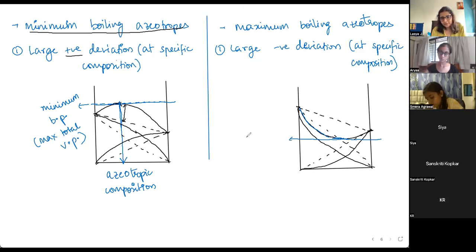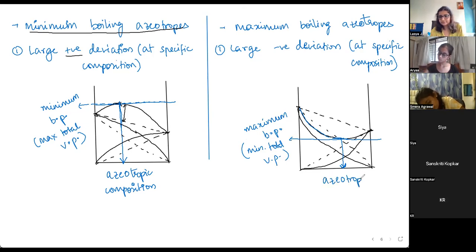So here is the minimum total vapor pressure. So at this point, the boiling point is going to be maximum. So this composition is the azeotropic composition. Because the boiling point is maximum, you'll find the highest boiling point for this particular mixture at this composition. That's a maximum boiling azeotrope.